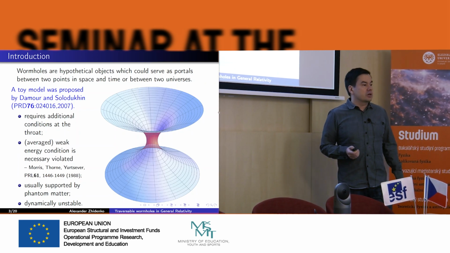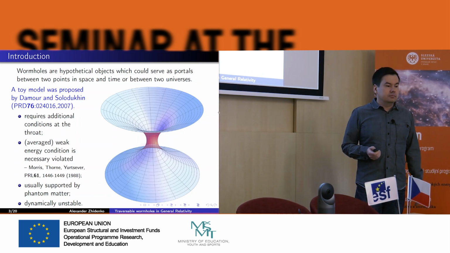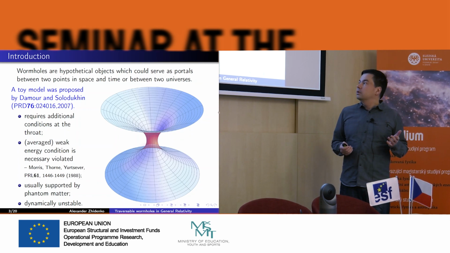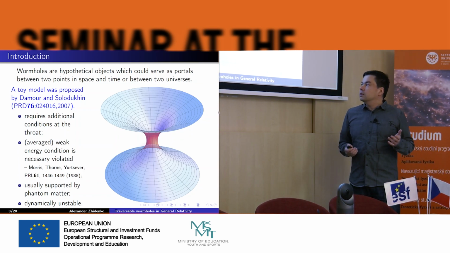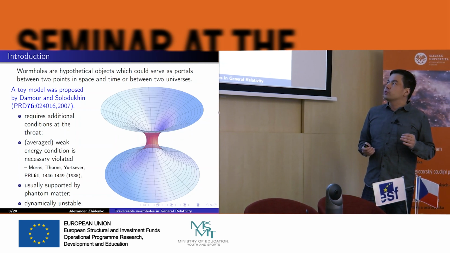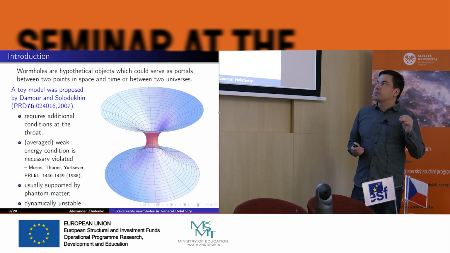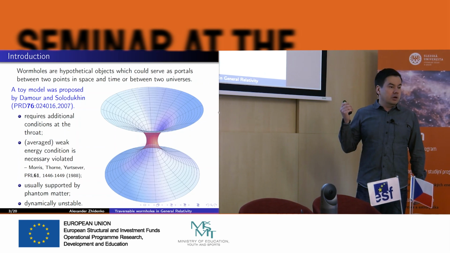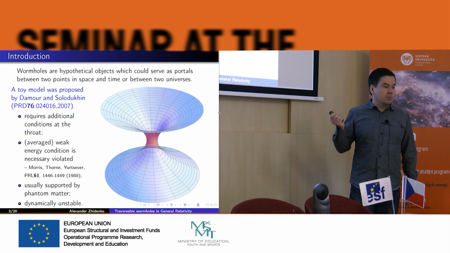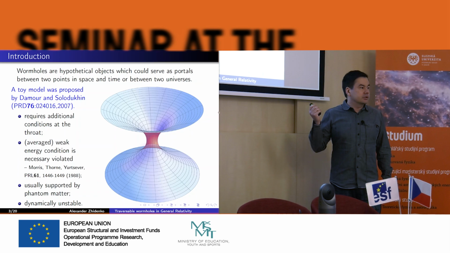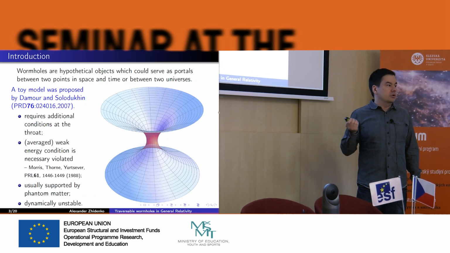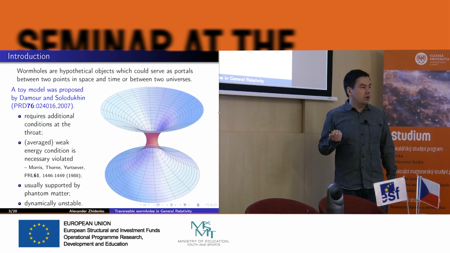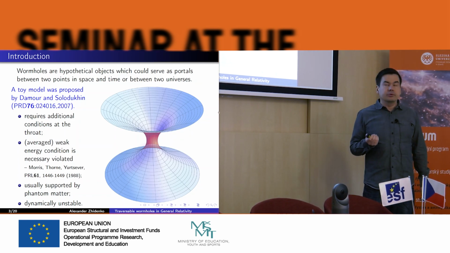This is a kind of configuration which requires special kind of matter at the throat. For instance, if we take this simple model, we have something like delta function, the infinite density of the matter at this point.